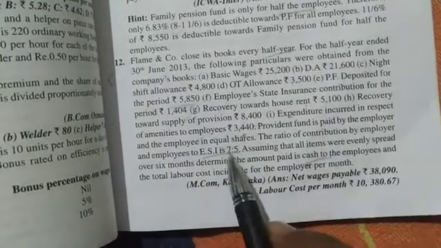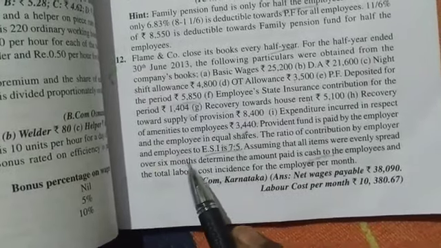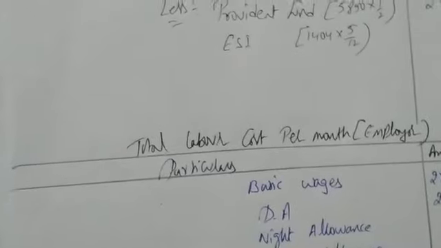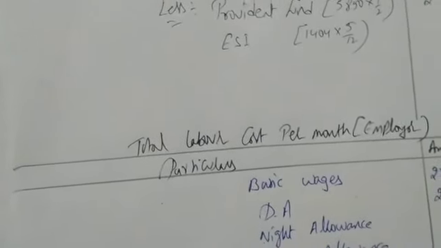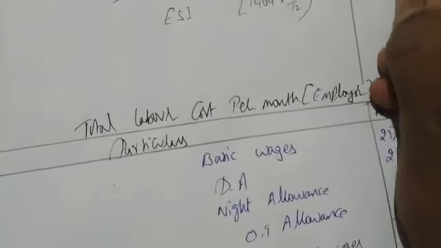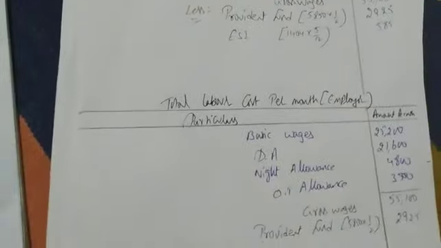First name is employer, so 7 is the employer's share. Next name is employee, his share is 5. 5/12, so 1404 into 5 divided by 12 is 585. This is the employee's contribution to ESI that has to be deducted, and ESI is an expenditure to the employer. So 1404 into 7 divided by 12, we are getting 1819.